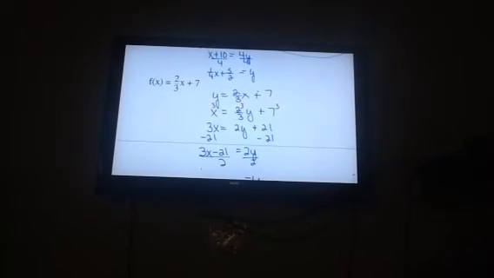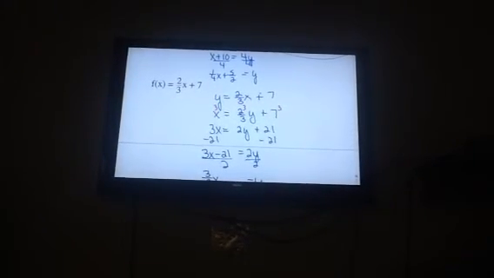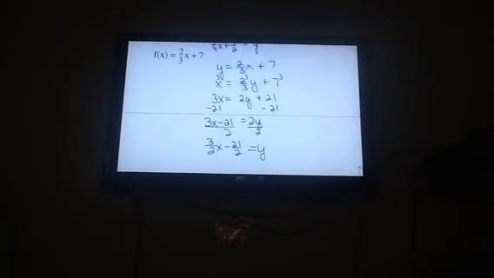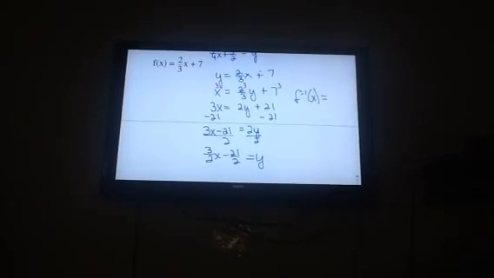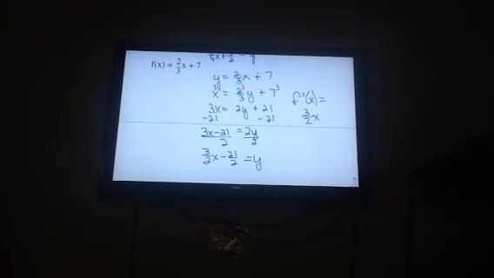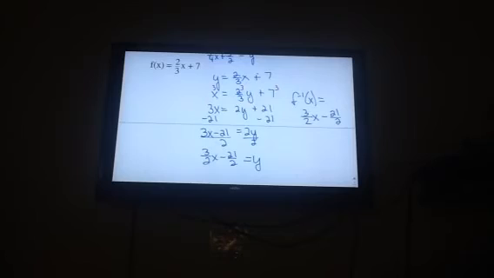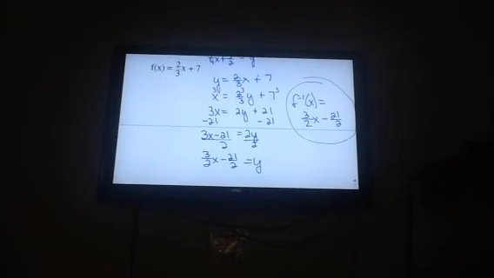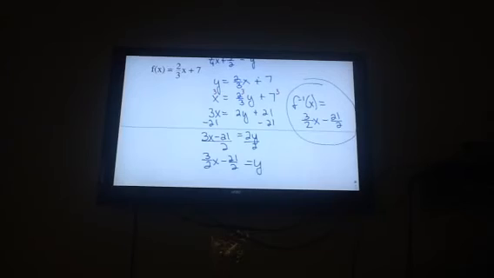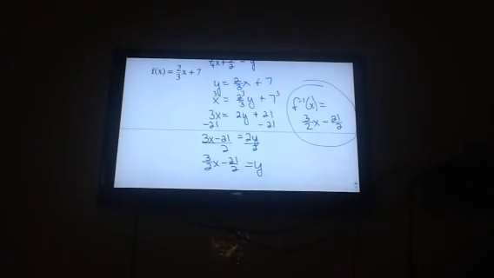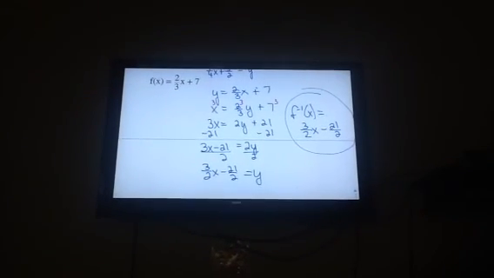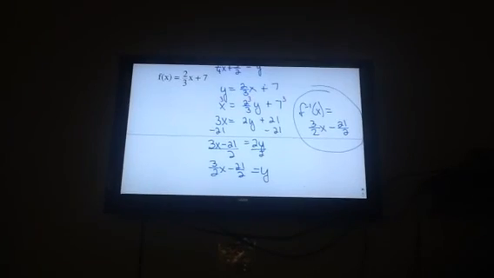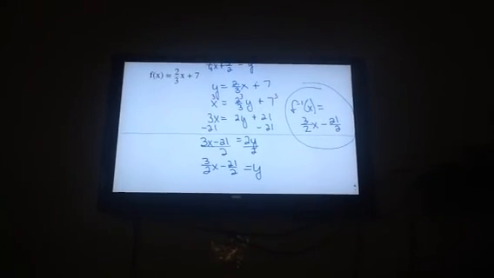And I get 3 over 2 x, and then 21 over 2. So f negative 1 of x, the inverse notation, equals 3 halves x minus 21 halves. Couldn't quite fit it on there. Okay, that's not as easy.